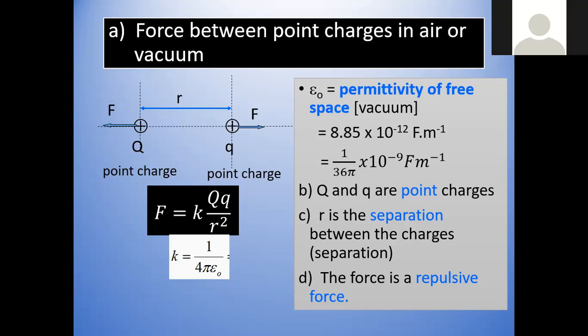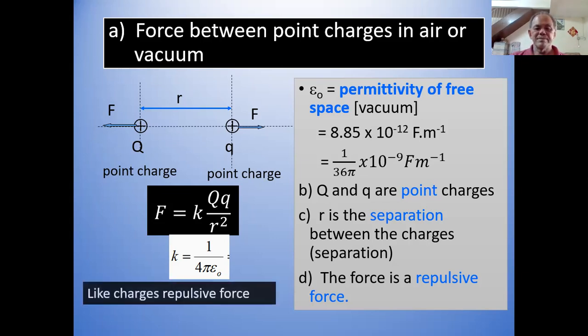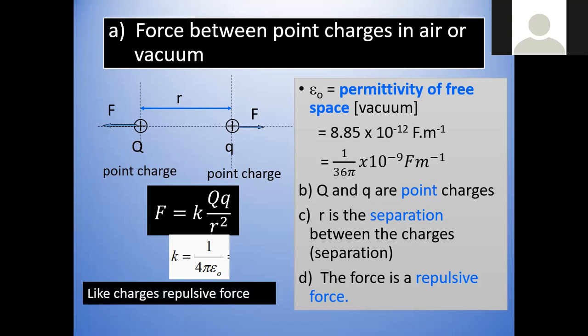Gravity, you just drop an object, it will fall down to the earth. That's why gravity is all about attractive force. When you drop anything, it falls to the earth because the force is attractive. It doesn't fly up. So like charges repel.